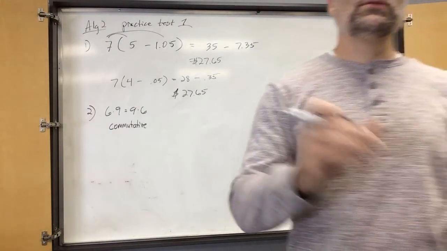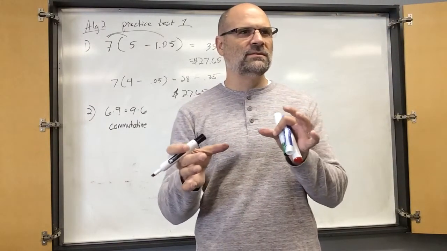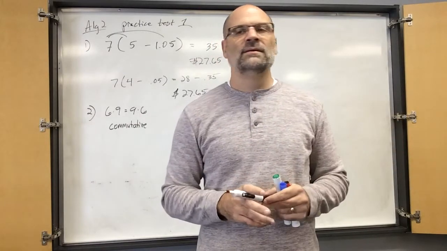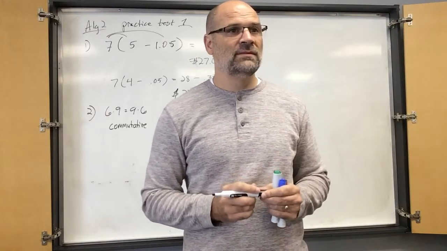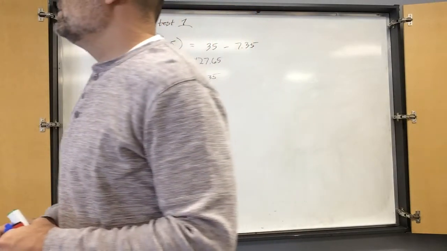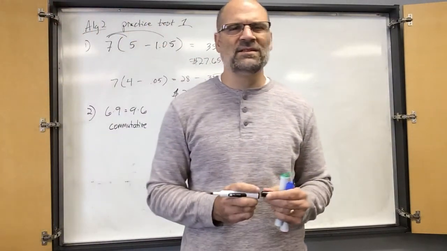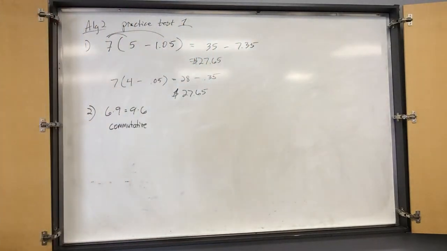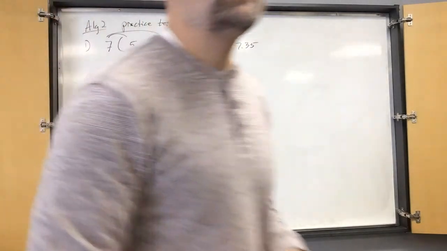Associative. That's right. Is that what you said? Yeah, I don't know how to say it, but it was one of those. So it's basically those 2 that we talked about mostly. That's number 2, commutative.